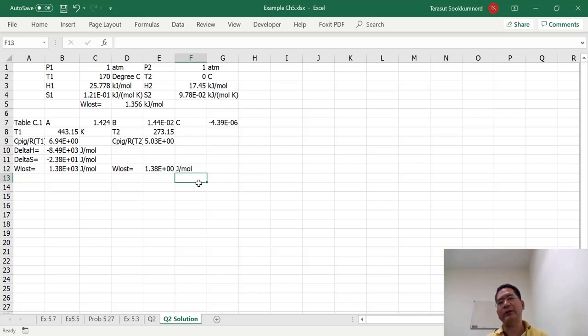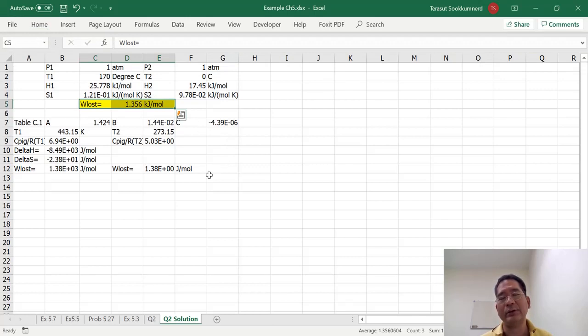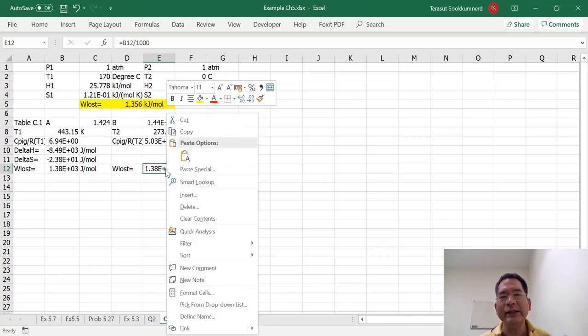Okay, these two approaches are acceptable, but I have to inform you that this one is always more accurate. Again, you can work with either method.